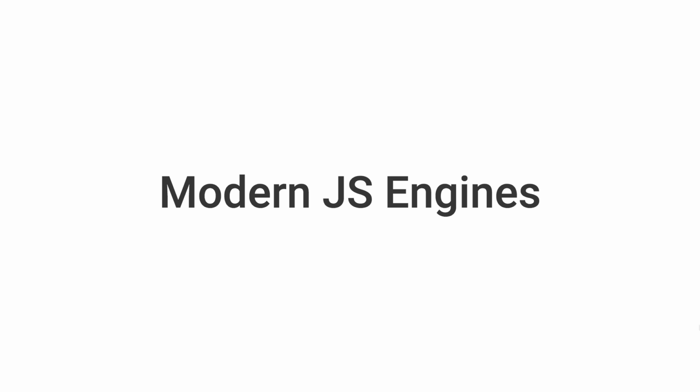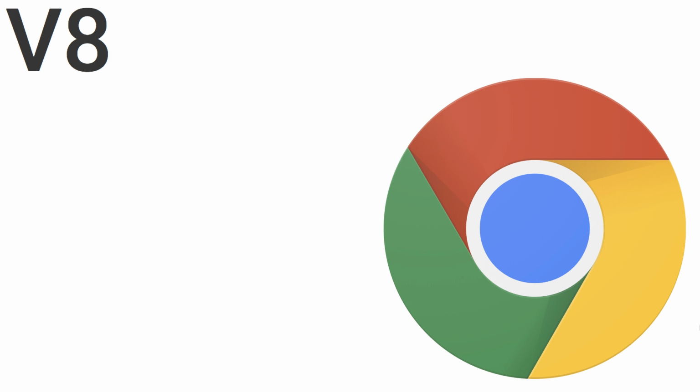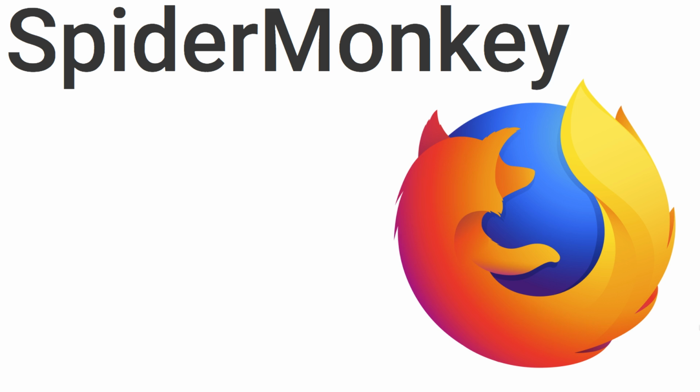So all modern JavaScript engines take advantage of this, and we're going to take a quick tour through those because some may find it interesting. So Chrome is still using V8 to this date. It's got a bunch of subsystems that have fun names like Crankshaft, Ignition, and Turbofan because they like being clever. Firefox still runs on SpiderMonkey, which is the same name of the JS engine that ran in Netscape Navigator back in '95.